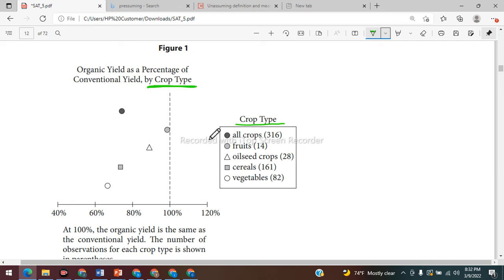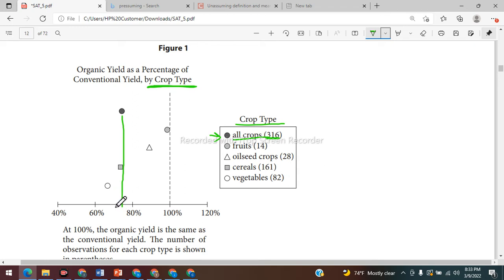This dark circle is referring to all the crops, and all the crops in total was 316. If we go down a bit, all the way here, this was about 70.